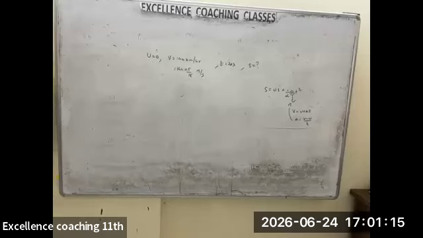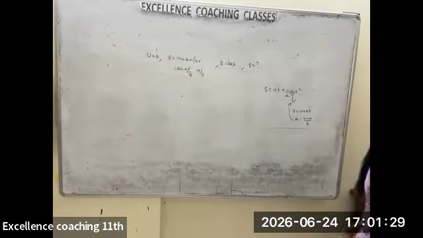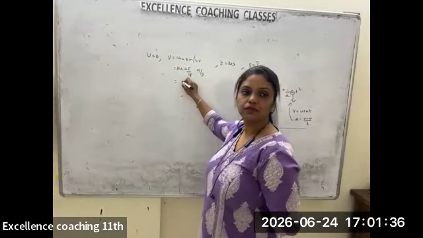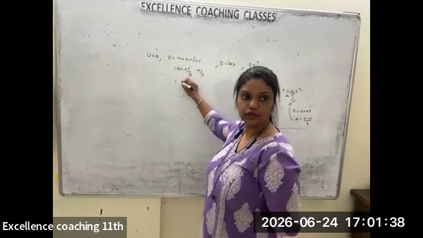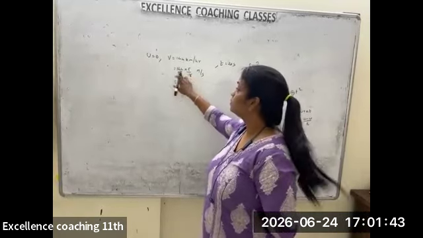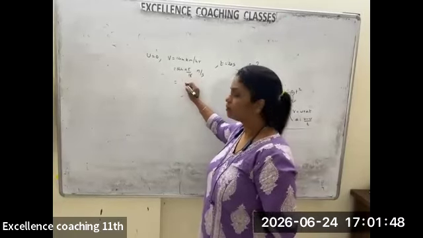Call the next one if you're finished. Find out A first and substitute it over there. So how much is the final velocity, first of all? 144 kilometer per hour is how many meter per second? 40.